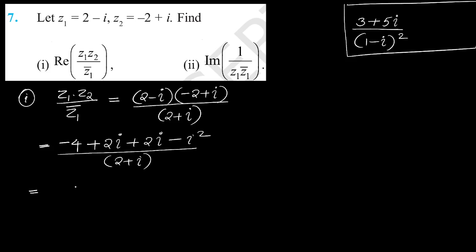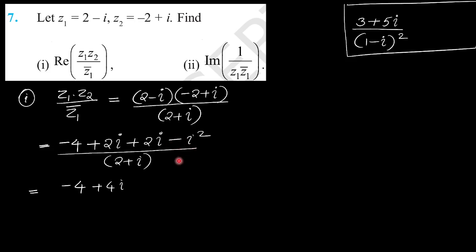So minus 4, 2i plus 2i, 4i. If you don't understand, you can tell me. I square is minus 1, correct?